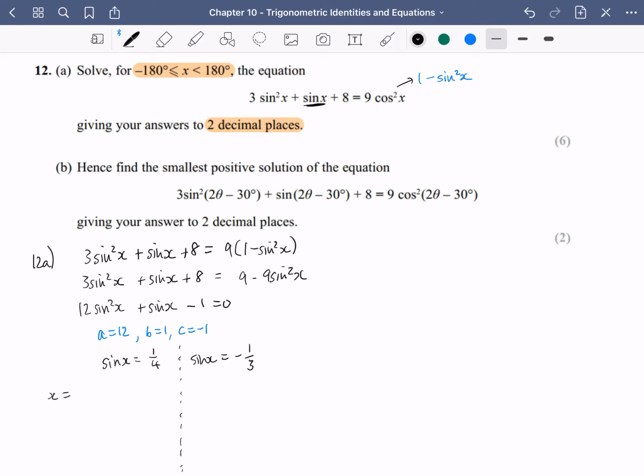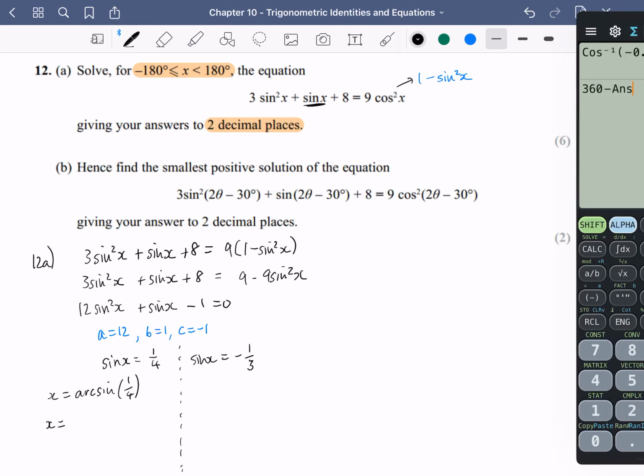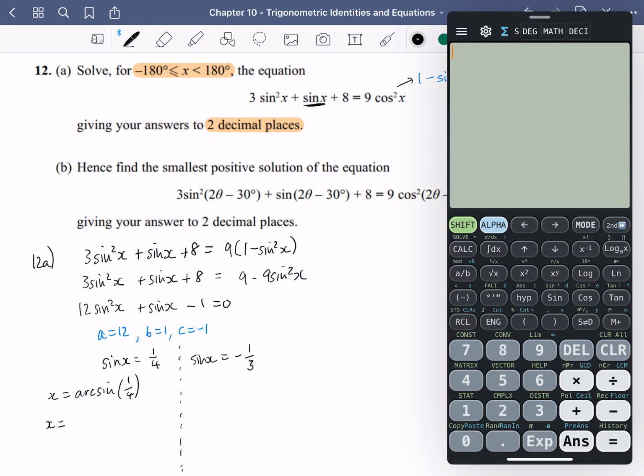So x will be equal to the inverse sine of a quarter, which is 14.48 degrees because they wanted 2 decimal places. And my other one is found by doing 180 minus the answer.